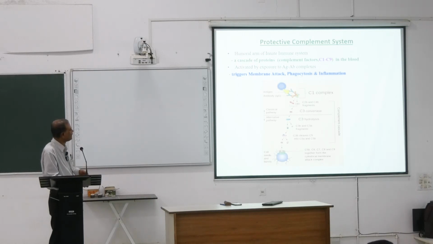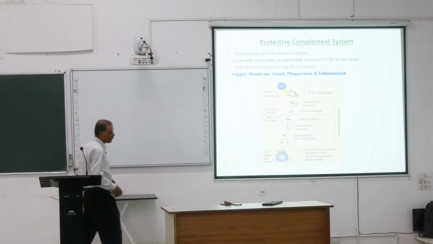It gets activated. The complement factors are from C1 to C9. The basic purpose of this complement system is to trigger membrane attack on the affected cells, be it bacteria, virus, or an affected cell, and to promote phagocytosis and inflammation. And this is activated on exposure to an antibody complex.